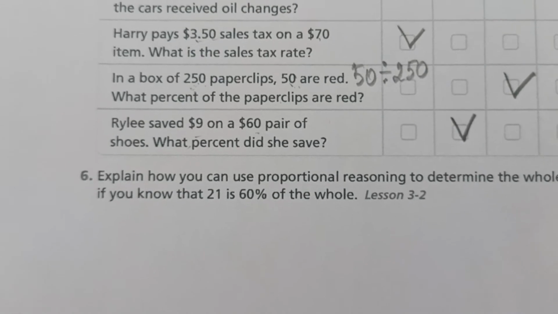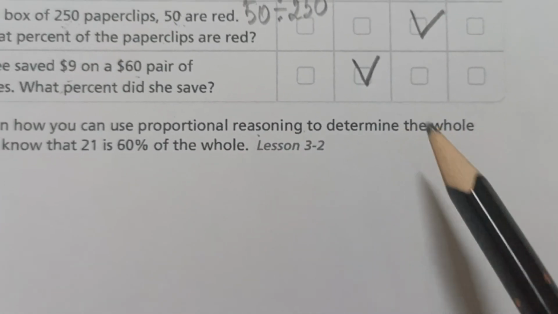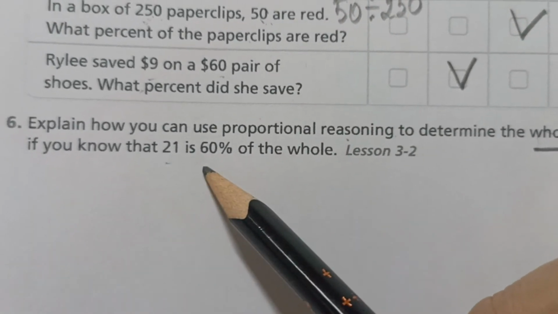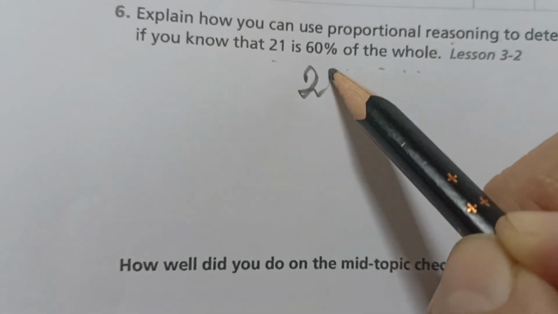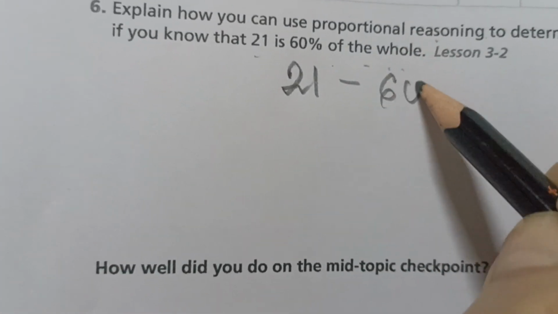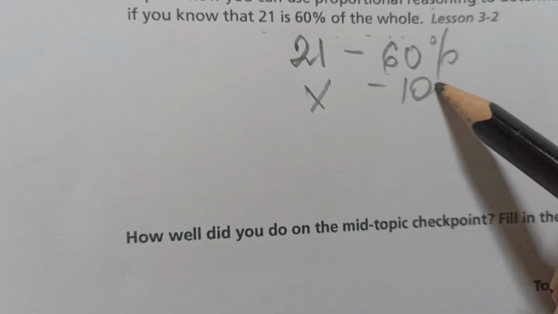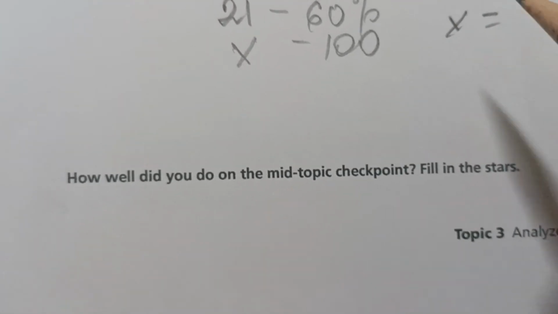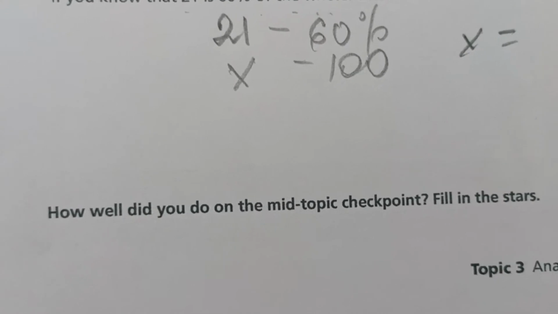And the last task is explain how you can use proportional reasoning to determine the whole if you know that 21 is 60% of the whole. So again, 21 is 60%. What is the whole? The whole is 100%. And again, you use that formula. Here you need to explain, but I don't want you to write me the whole rule.